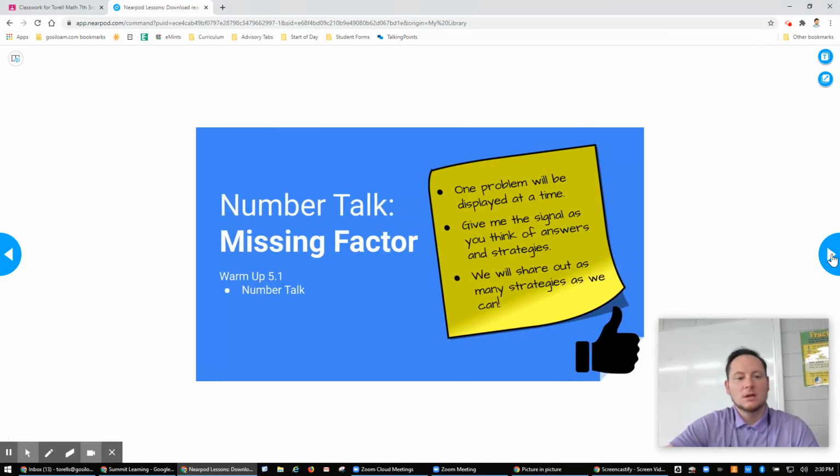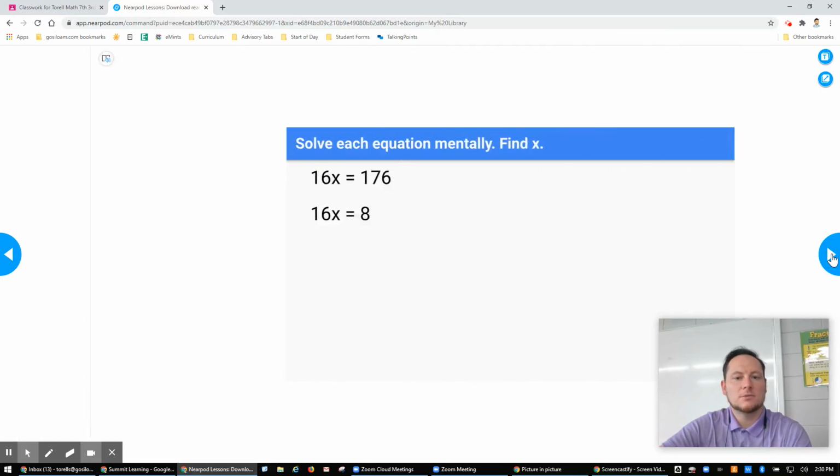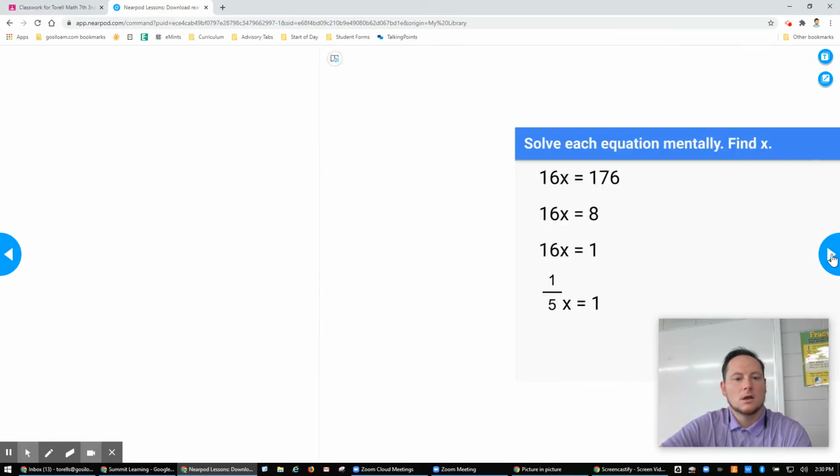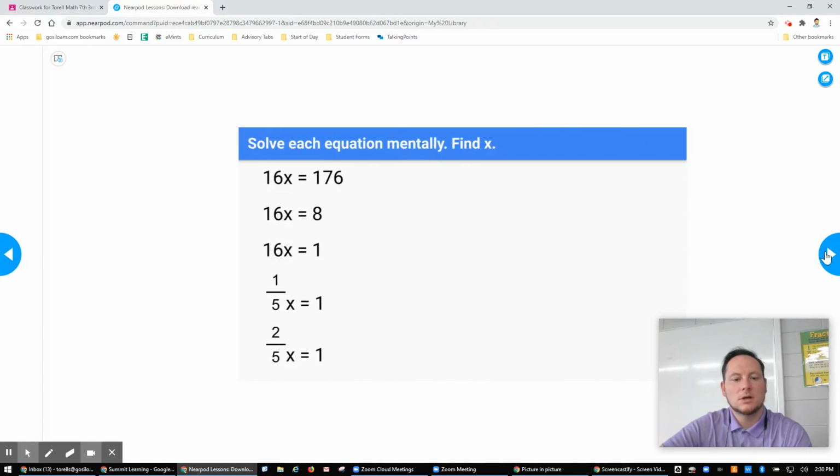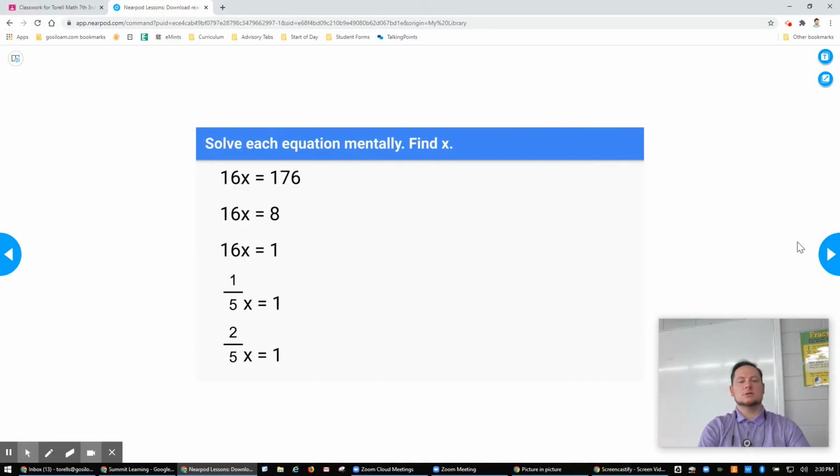All right, so first off, kind of off that warm-up that we did, we're going to go through some slides here. And I'm just going to go ahead and get all of them up here on the board. What I want you to do is look at each of these equations and see if you can just mentally solve them. See if you can find x when it comes to these equations. So the first one is 16x equals 176.